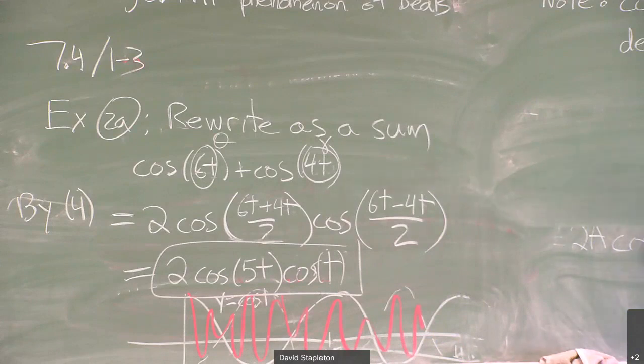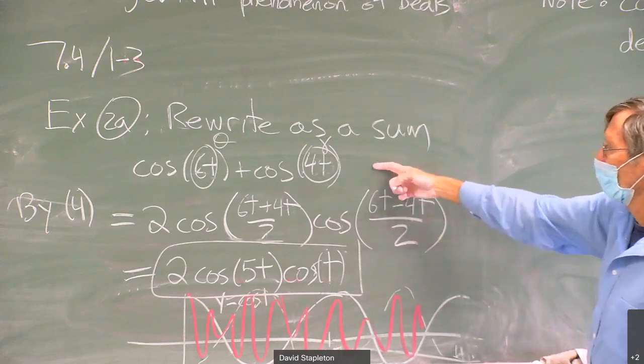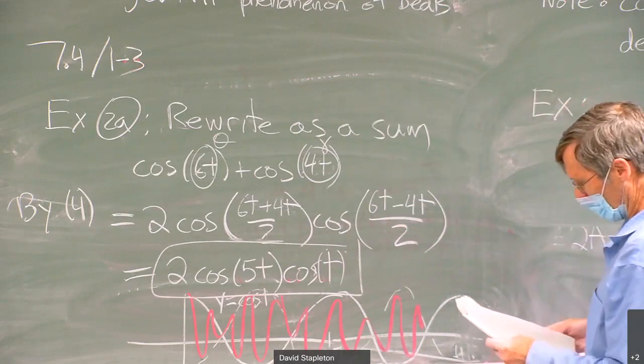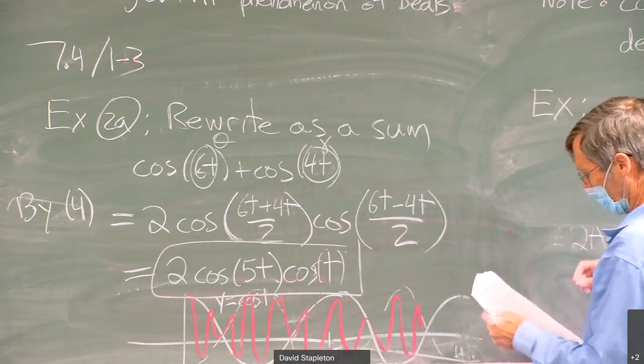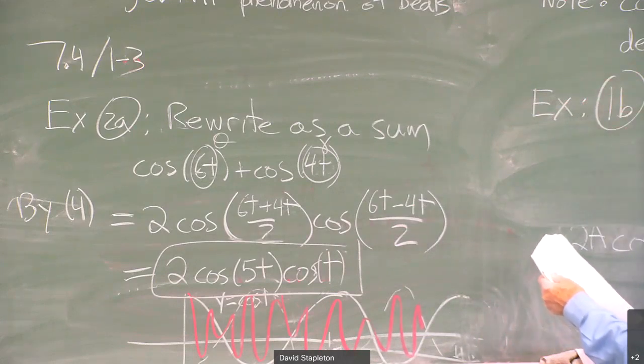And we have one more problem here. Well, if we can do a sum to a product, we want to be able to do a product to a sum, right? So here's this one. Here's 1B. Write as a sum or difference.